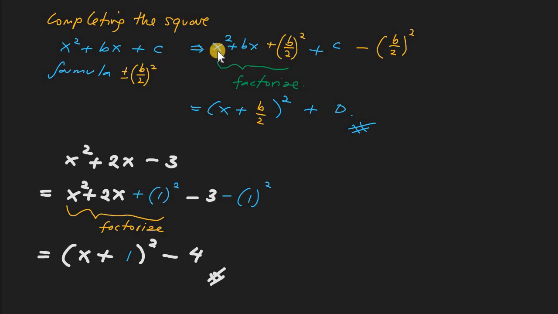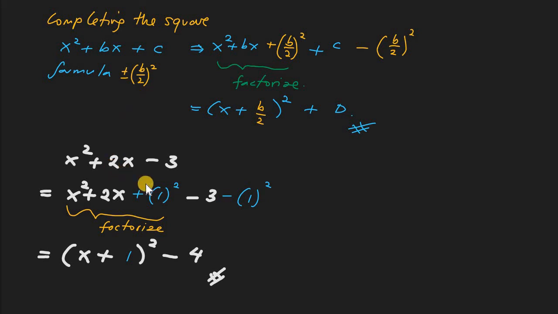Like for this one, x squared plus bx plus b on 2 squared plus c, plus and minus. For these three portions, you can nicely factorize. It becomes a nice complete square in the form of x plus b on 2 square, and this is the constant. For example, our question is x squared plus 2x minus 3, where b is 2.